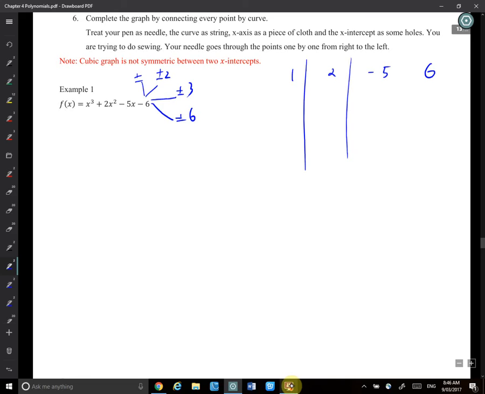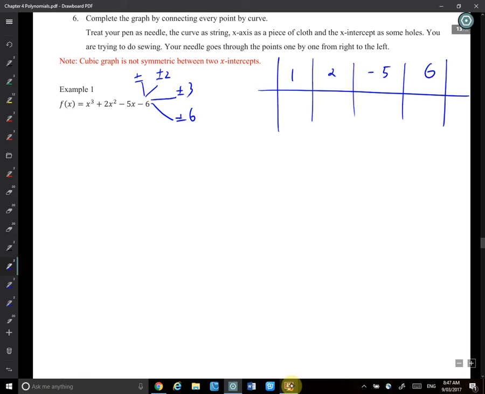Let's try negative 1. You have 1, negative 1, 2 plus negative 1 is 1, negative 1 times negative 5 is 5, and negative 1 times that is negative 6, but you get 6 plus 6 is 12, which is not working.